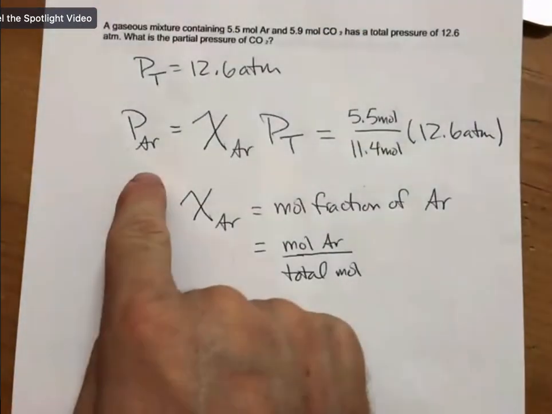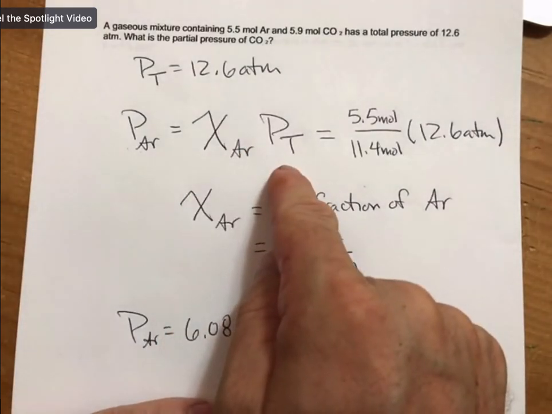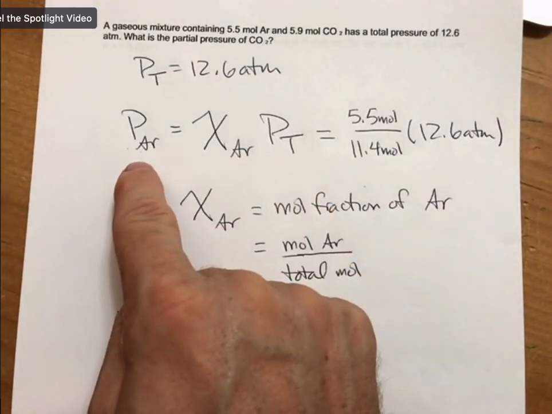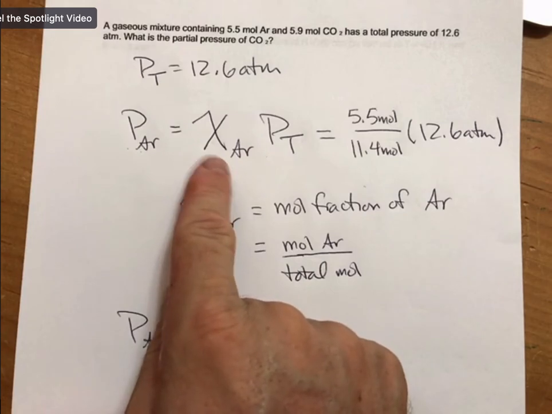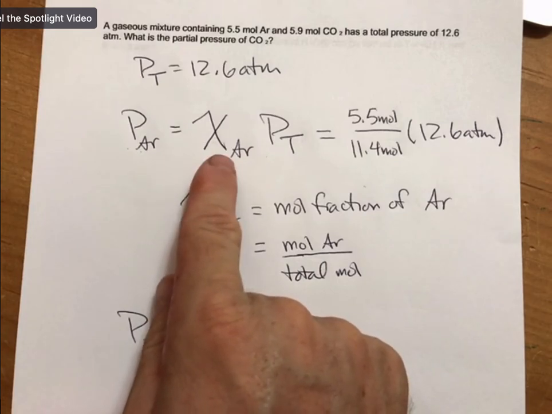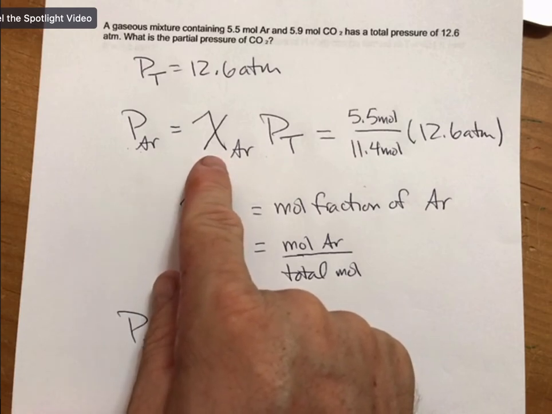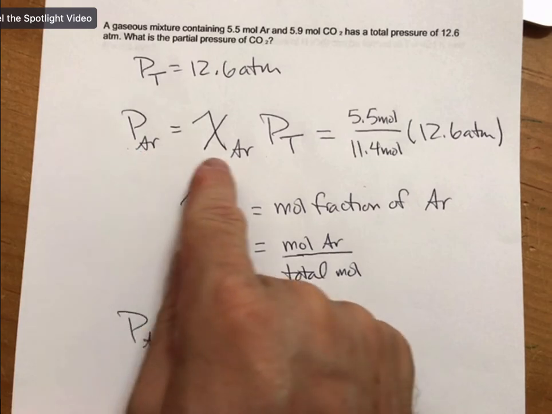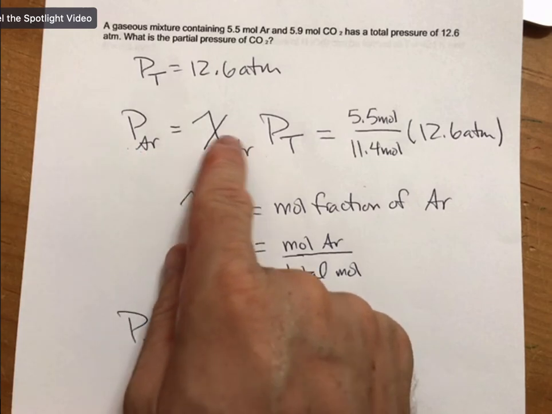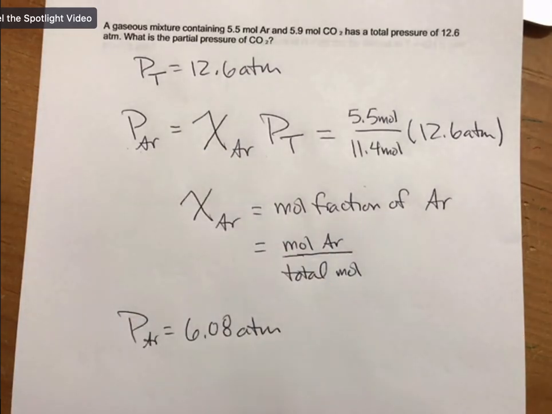What the partial pressure equals mole fraction times total pressure means is that the partial pressure is only proportional to the fraction of molecules or the fraction of moles for each of those substances. So masses don't matter when you're talking about pressure. The pressure is only proportional to the mole fraction. Any questions about that? Yes, Professor.